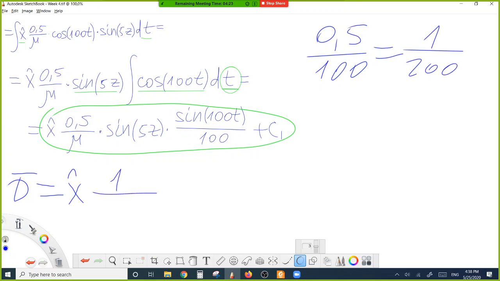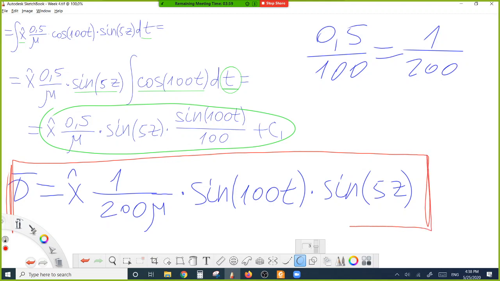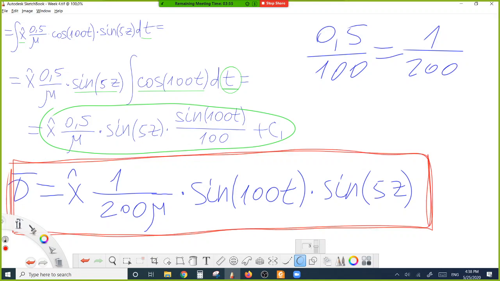We write 1 over 200 mu multiplied by sine 100t by sine 5z. Electric flux density D is equal to this. Okay, is it clear now?